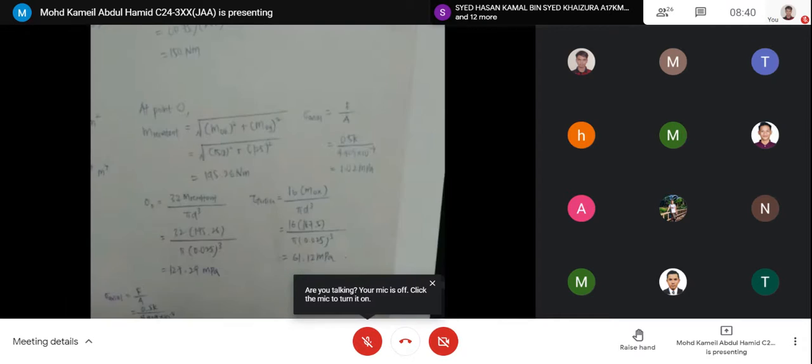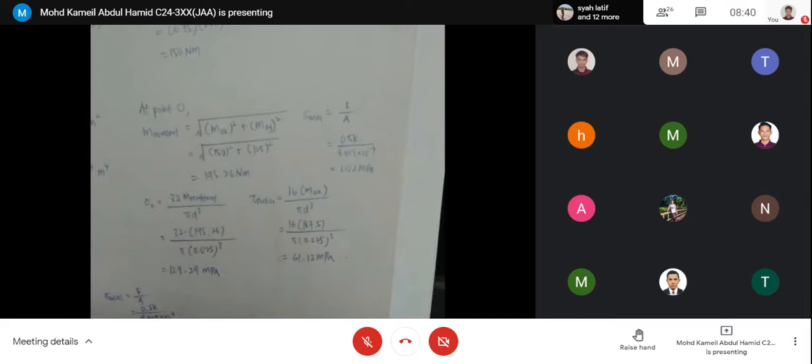Okay, kemudian at point O, if you refer to point O just now, okay, for bending moment, you have your MOX, MOY dan MOZ. And if you look, you have to find the M total or M resultant. So take MOY square plus MOZ square root, you get your M resultant, 195.26.